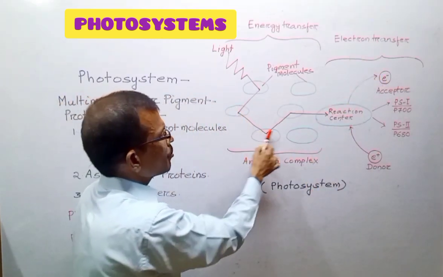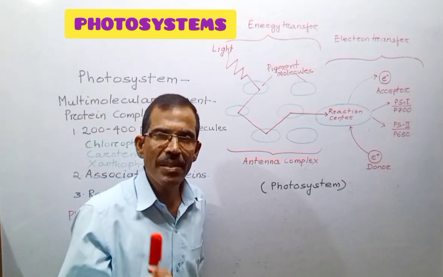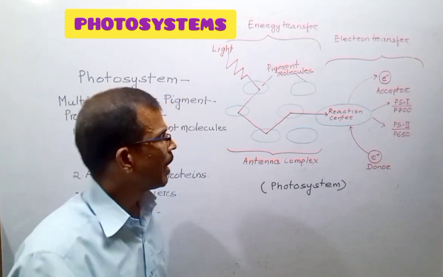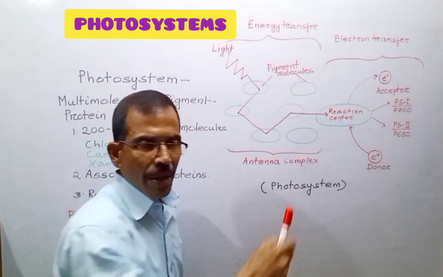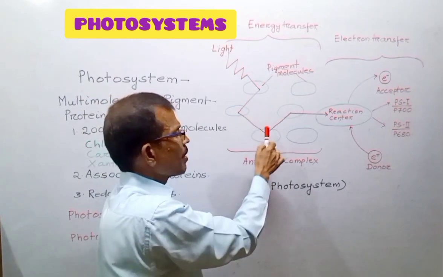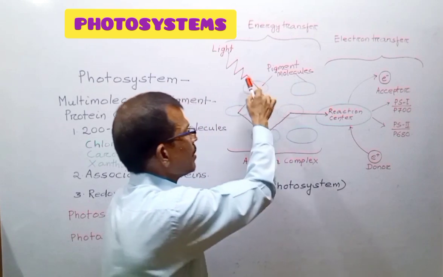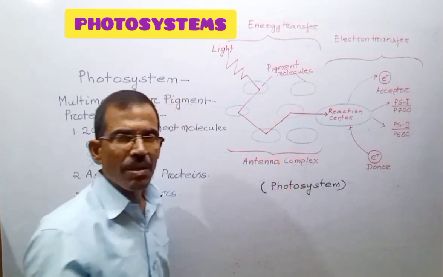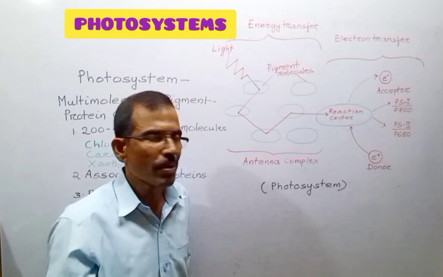The antenna molecules are responsible for absorption of light of different wavelengths and its transfer to the reaction center. The energy of the photons absorbed by the antenna molecules is transferred to the reaction center by the process of inductive resonance or radiation-less energy transfer.